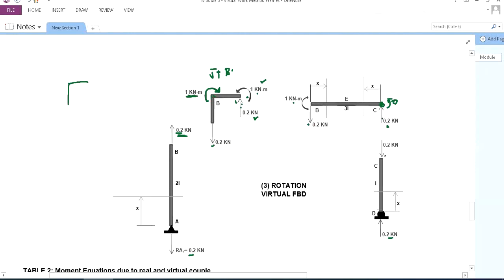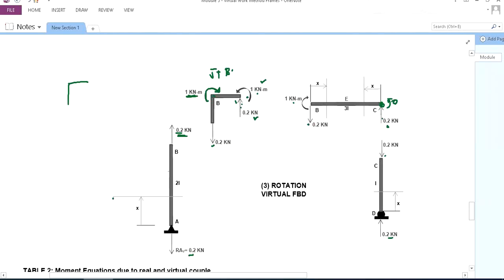Summation forces vertical should be 0. So this is now our free body diagram for our rotation in our virtual system. The cutting planes from the real system are still the same, since there are no changes in load here in our rotation.